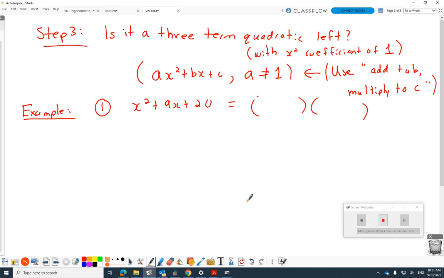Now here's where the multiplication tables come in. If you came up with 4 and 5 and you're like, I'll just need a minute here, I can get them, but I'll need my calculator for 3 or 4 minutes, that's when the homework's going to take forever. If you had to do it, though, you'd go, OK, add to 9. 1 and 8 add to 9. Does it multiply to 20? No. 2 and 7.